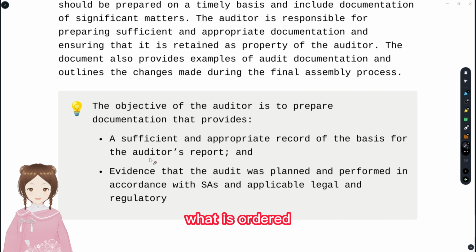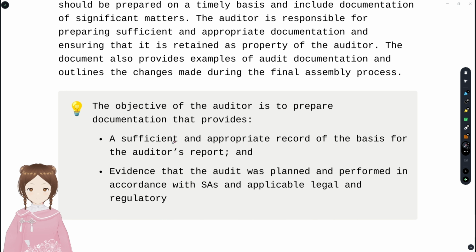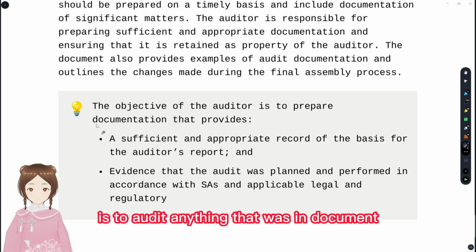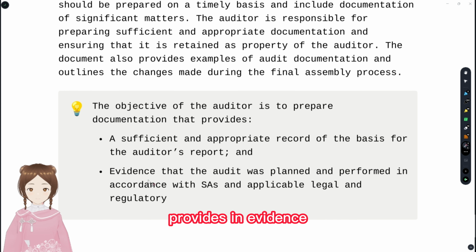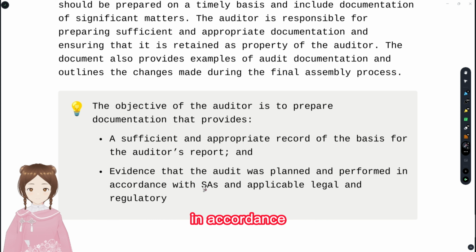On which basis he provides an audit report, right? What does audit documentation consist of? Audit documentation consists of audit procedures, audit evidence that was obtained, and the conclusions that were reached. On those conclusions, he gives the audit report. And second thing, as we have already discussed, audit documentation provides evidence. Evidence for what? Evidence that the audit was planned and performed in accordance with SAs.